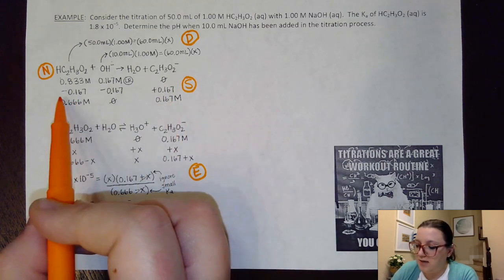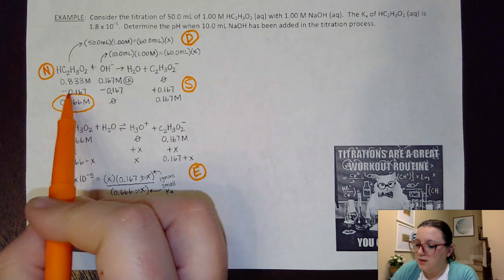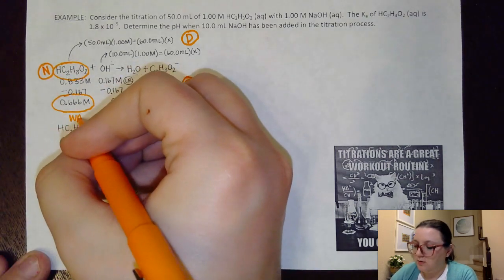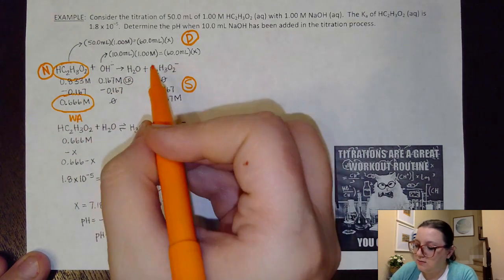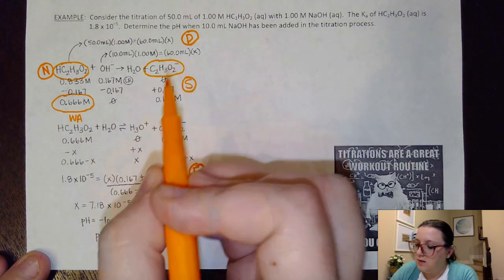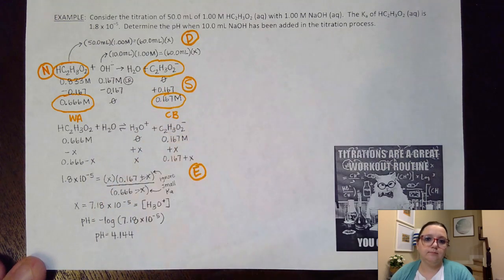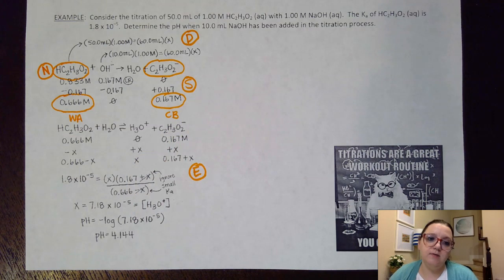I see on this step that I have some weak acid here, as well as its conjugate base. If I have a weak acid plus its conjugate base, then that means I have a buffer solution. And if I have a buffer solution, then that means I'm allowed to use the HH equation.